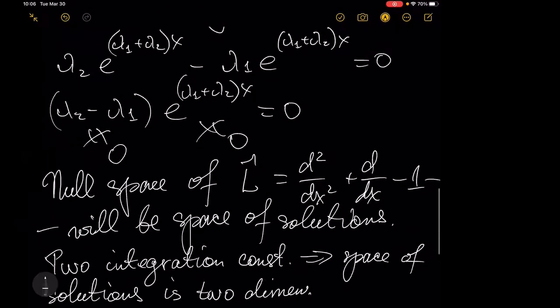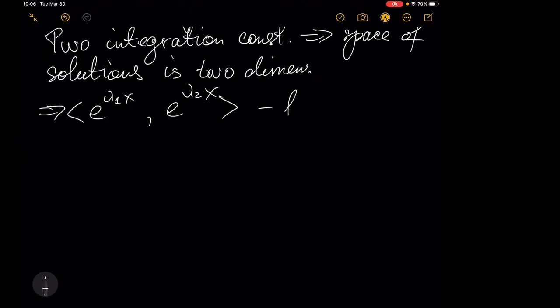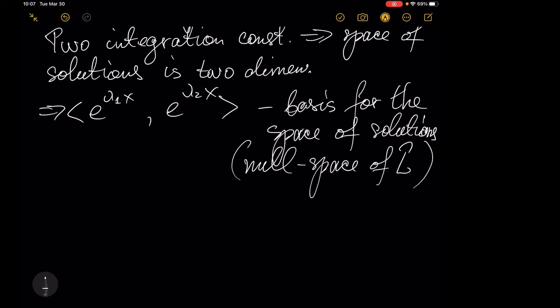So from here, it follows that e to the power lambda 1 x, e to the power lambda 2 x, they form a basis for the space of solutions, or its null space of linear operator L.